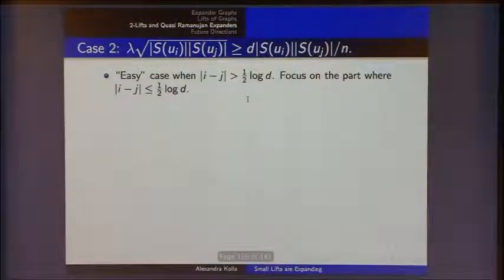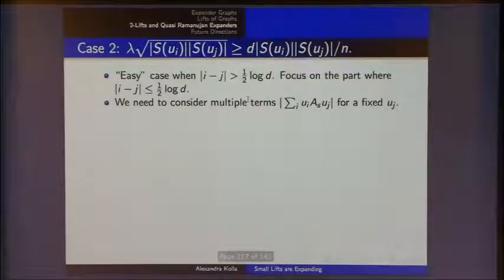Okay, so case 2 is when the other term dominates. Well, there is another hidden case in there that we can deal with easily, when i and j are far apart. It's just a trivial bound again that always holds. But let's look at i and j close together. The remedy we found for this part is, instead of looking at each term of the sum, we look at a sum of terms, to sort of convert the sum of square roots to a square root of a sum.